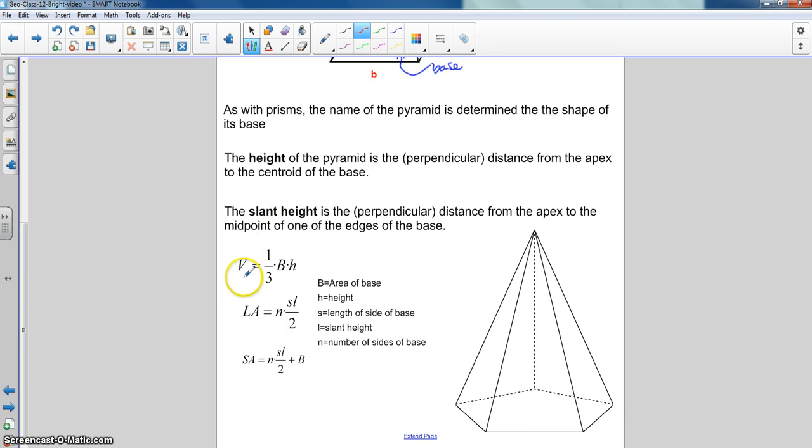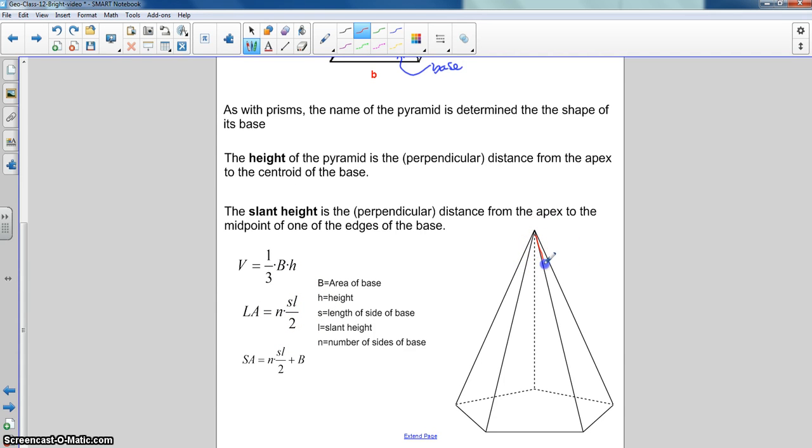The volume of a pyramid is given by 1/3 area of the base times its height. The lateral area formula may look complicated, but essentially what it's telling me is to find the area of each side. Each side is a triangle.